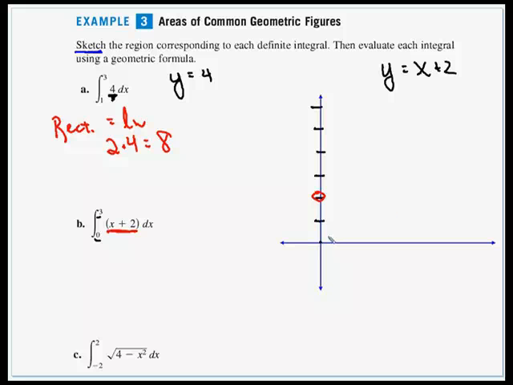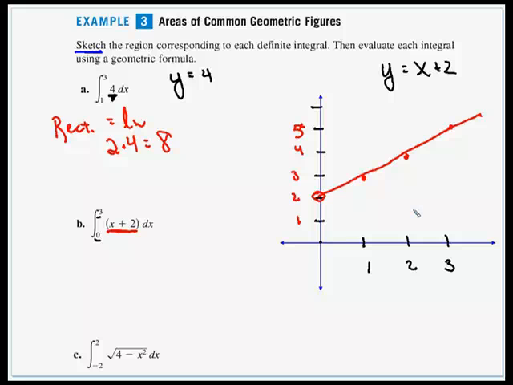So we're going to start at the origin, and then 1, 2, 3. And the slope is 1. So if we go up 1, over 1, up 1, over 1, up 1, over 1. So here we are. So we got 1, 2, 3, 4. That's 5. And here's our line.